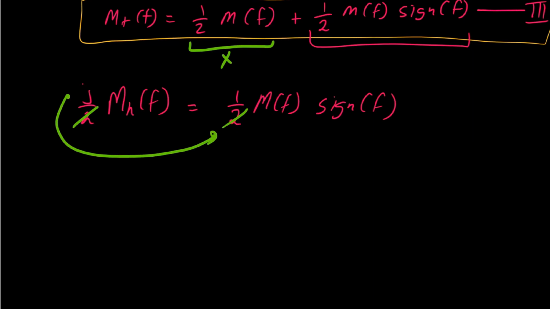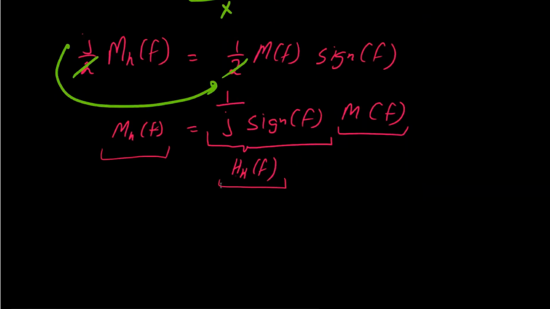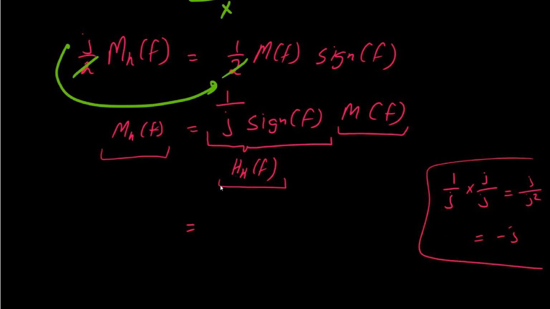So this should be 1 over j, right? So we can say 1 over j times j by j, which is equivalent to j over j square, which is equivalent to minus j. So we have minus j sine of f m of f.